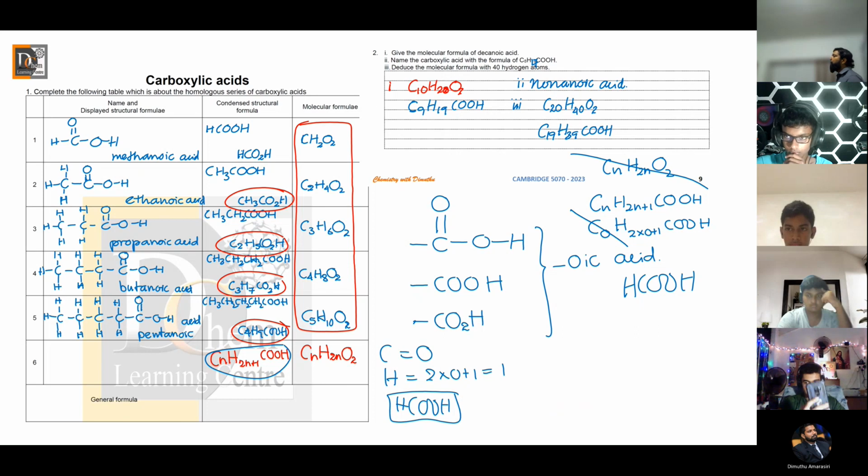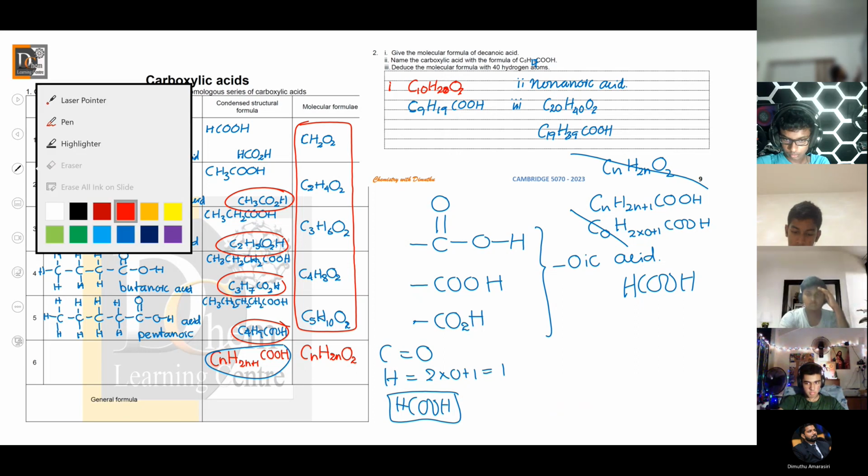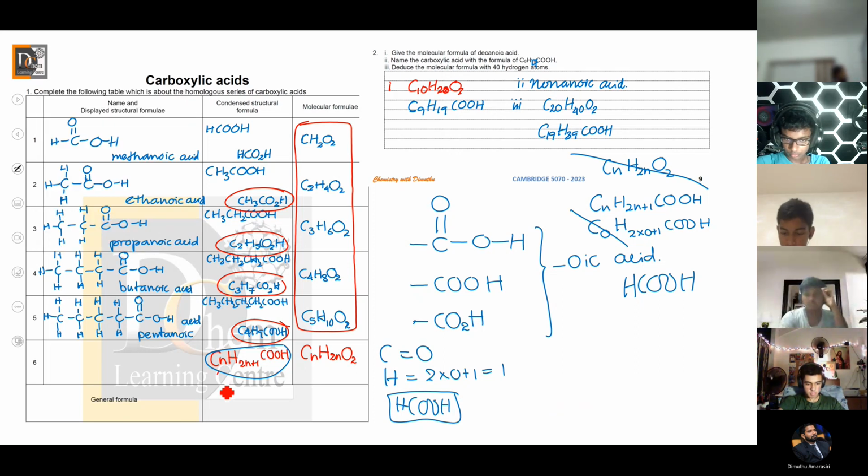Yes, we can have methanoic acid. If you write this equation for methanoic acid and put N equals 0, it turns into C0, H2 into 0 plus 1, COOH.